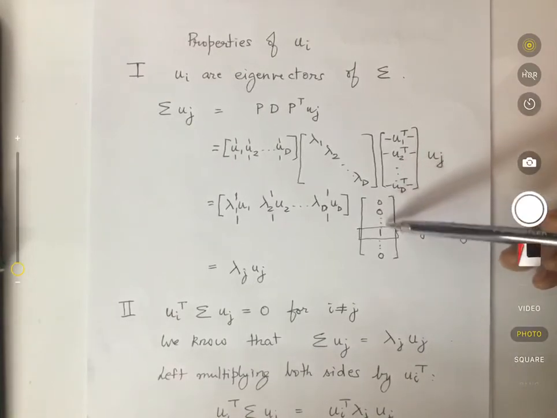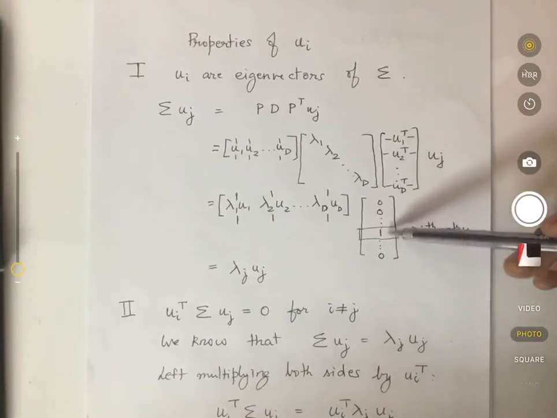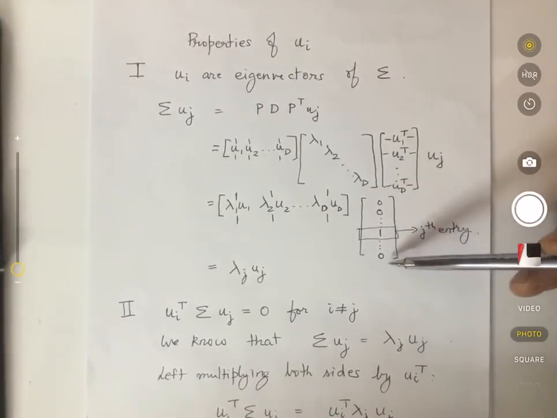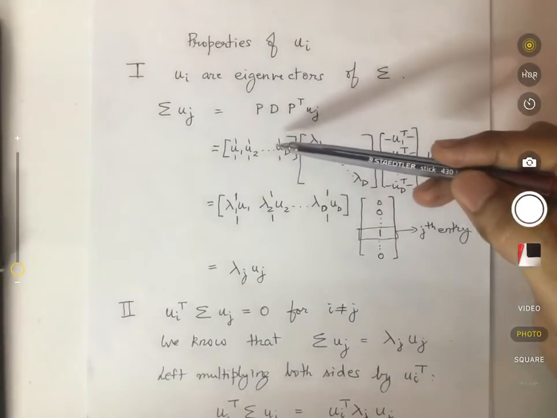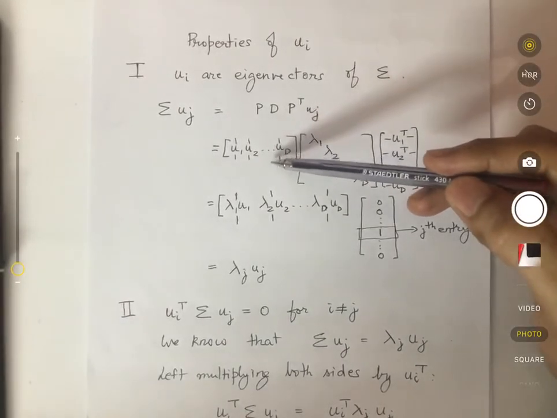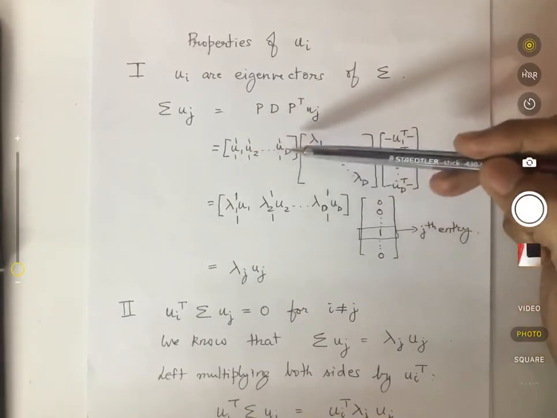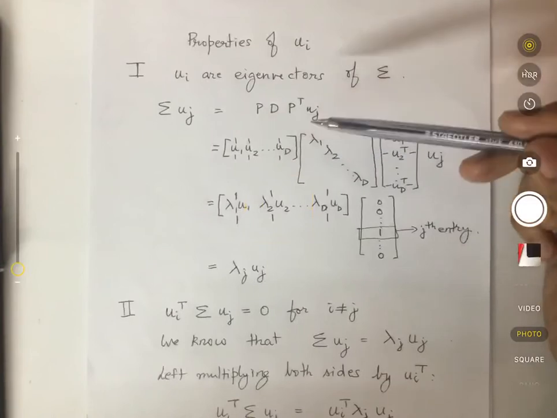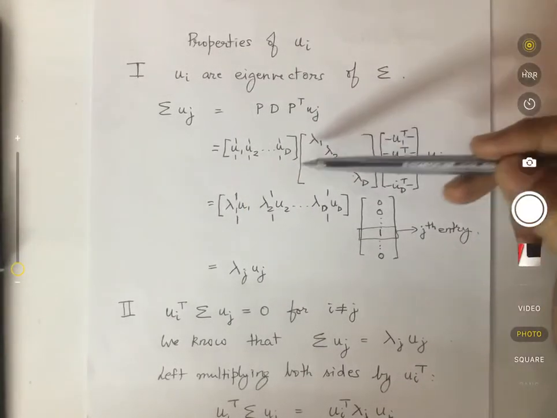So you get just a column vector of this form with a single 1 and the rest of the elements 0. Now look at the terms on the left. I've written this as a bunch of column vectors, and there's a diagonal matrix, and the rest of the entries here are all 0.